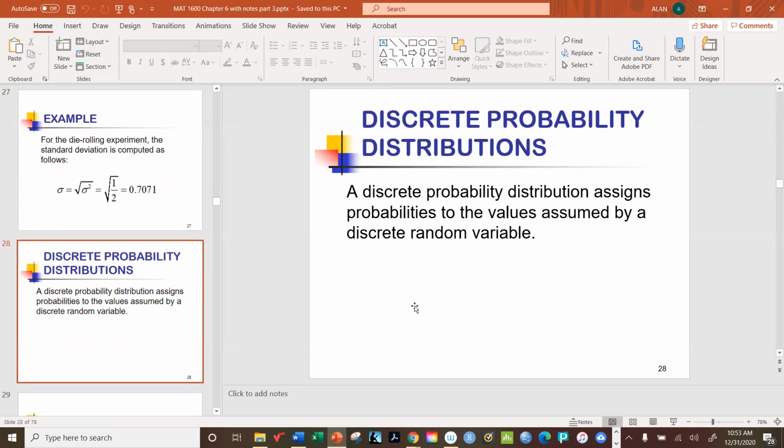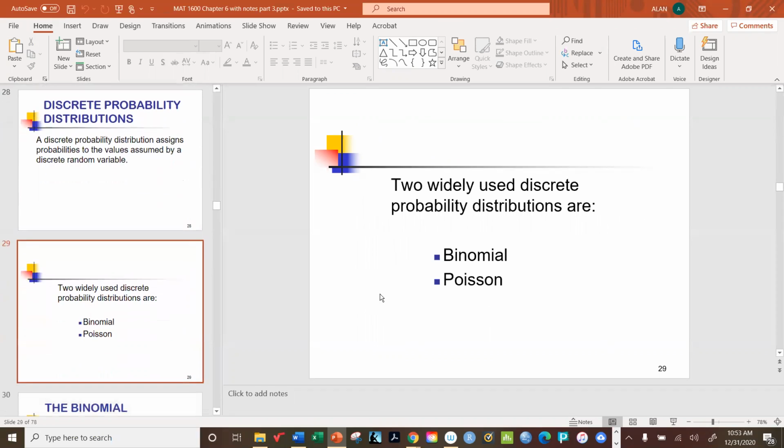All right. Now, we were also introduced to two discrete probability distributions that are widely used in different areas like economics and finance and biology and psychology, etc. And the two that we've chosen here are binomial and Poisson.